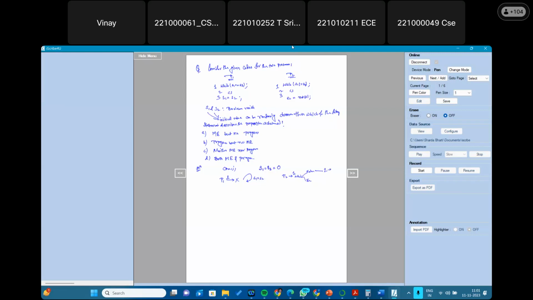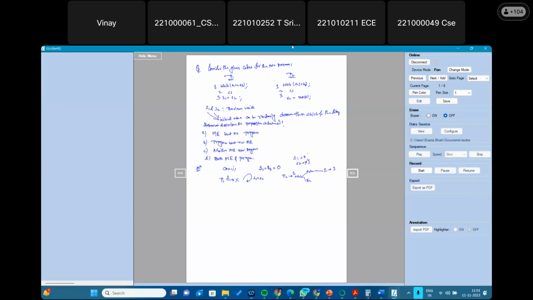Then S2 equals not S1, which means S2 is reset to 1.